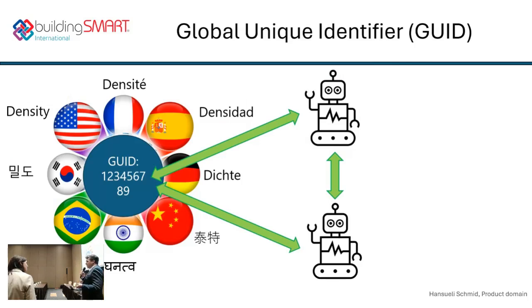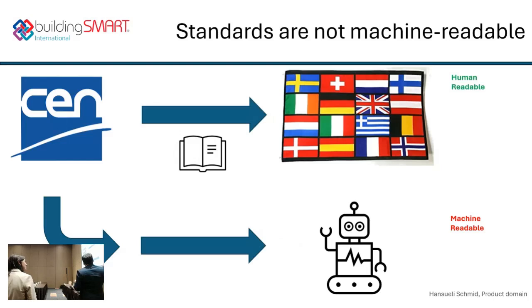AI is doing that, but it is based on probability and not 100% certainty. So now we have to transform the content of the standards into a machine readable form, so that we can then use it in BIM models for algorithms. And that is actually the prerequisite for a digital product passport.